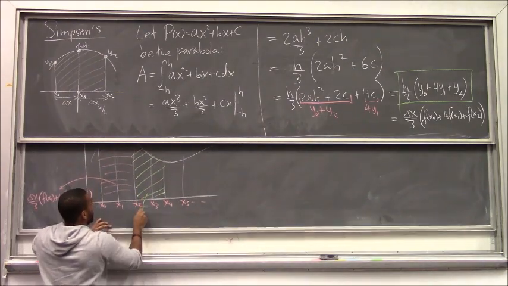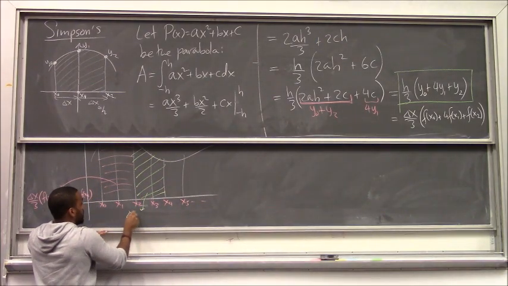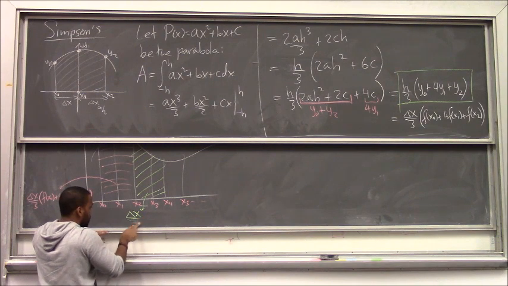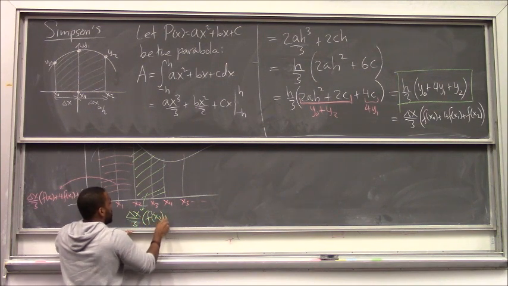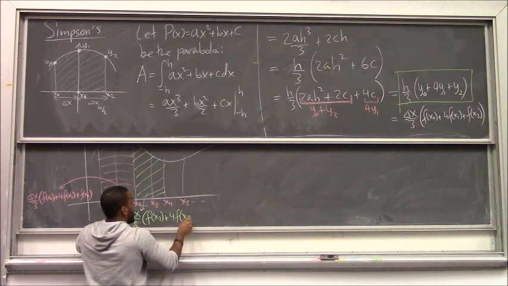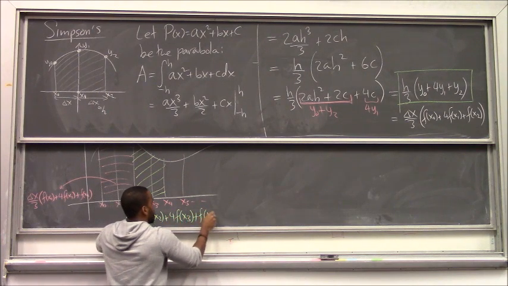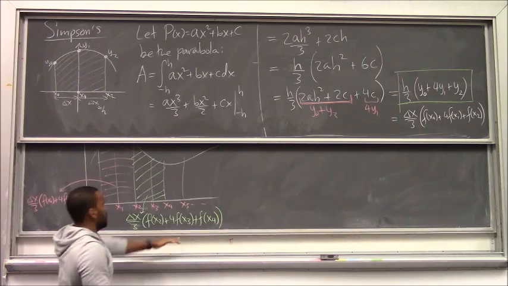Now the area of that one is going to be delta x over 3 times f of x2 plus 4 f of x3 plus f of x4, and so on.